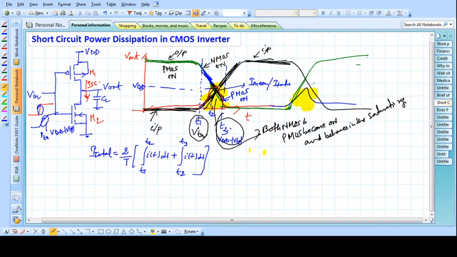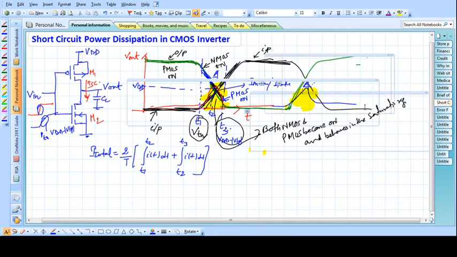So we are just finding one peak of the current and multiplying by 2, because there are two of them. Suppose the area of this one is A and this one is A, so it should be 2A. That's why I am writing 2 by T I(t) dt plus T2 to T3 I(t) dt.